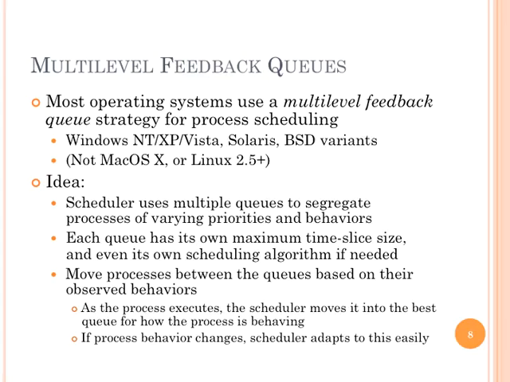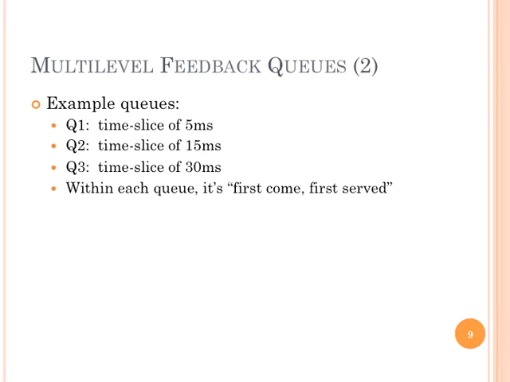And so the nice thing about this approach is that if a process's behavior changes over time, like I'm in MATLAB and I'm typing stuff in and then I run and it starts using the CPU all the time, then I'll start noticing, hey, this process is getting preempted a lot. It's not waiting on I/O anymore. It's switched into compute-intensive mode. So it starts moving to the queue that best suits that process's behavior. It's a really neat idea.